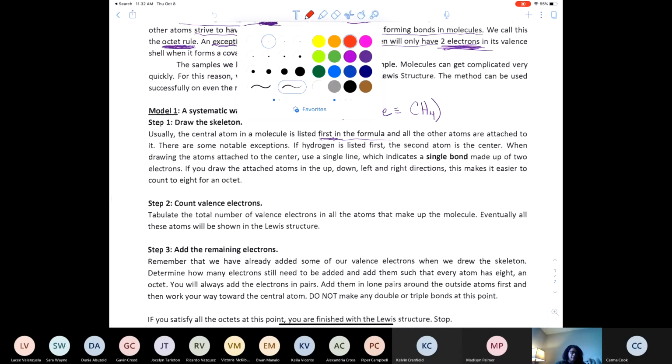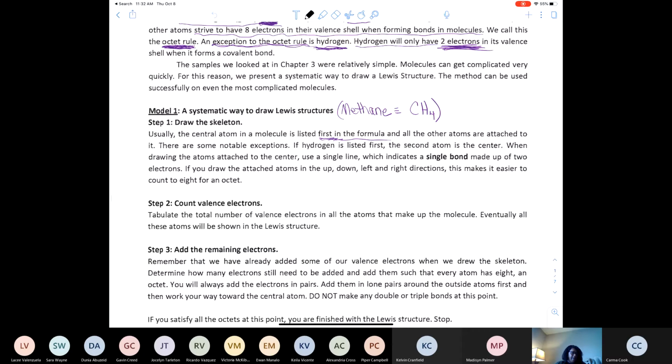And then step 2, we need to count the total number of valence electrons that methane, CH4, has. You add up the total number of valence electrons by adding up the valence electrons of the individual atoms that make up the molecule.